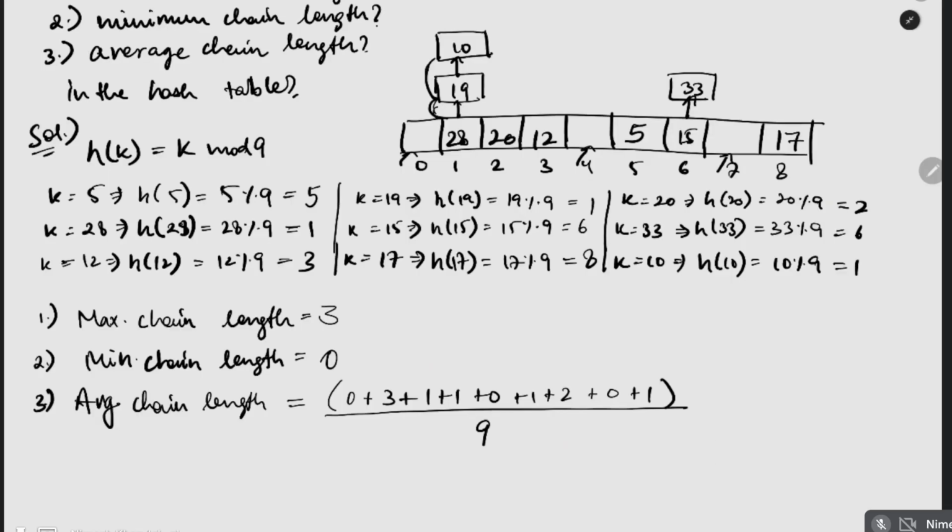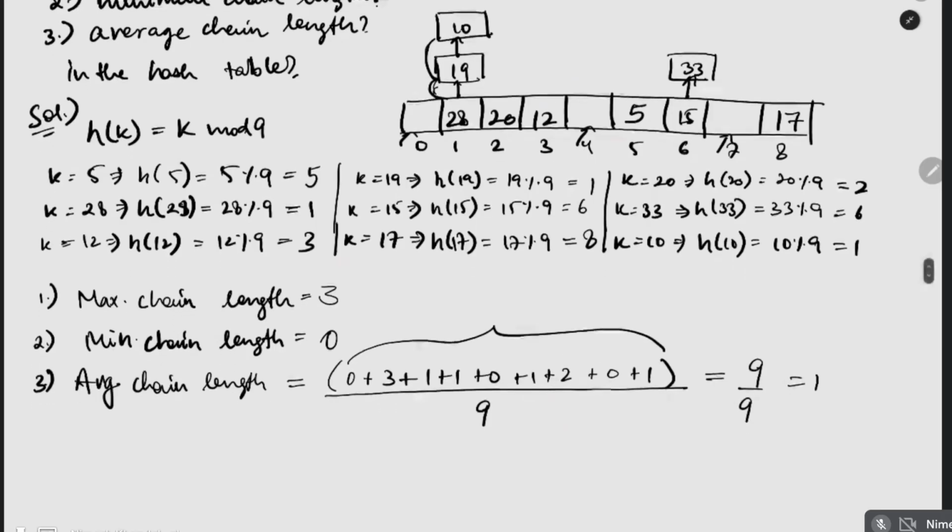So what will be the value? Since we had 9 elements, all of these should total up to the number of elements that have been inserted, right? So this is 9 over 9 equal to 1. So that is the answer of our third part.